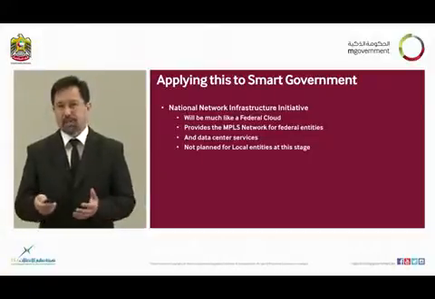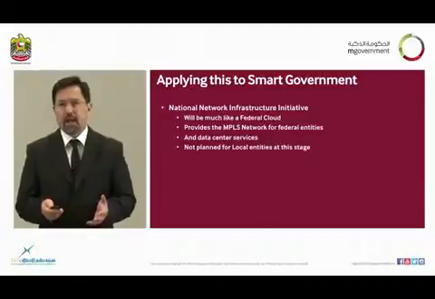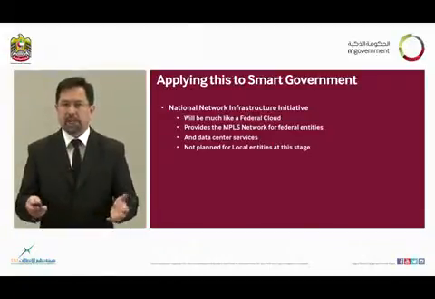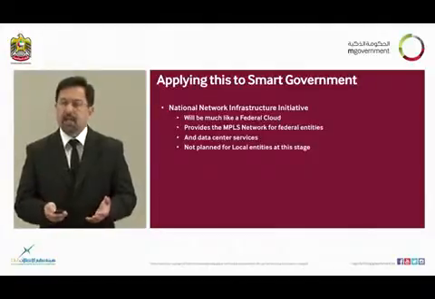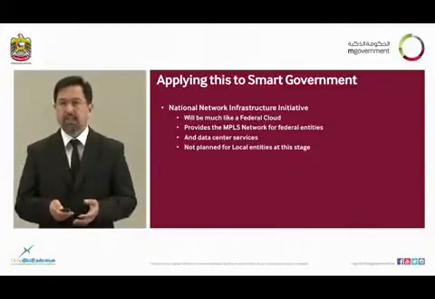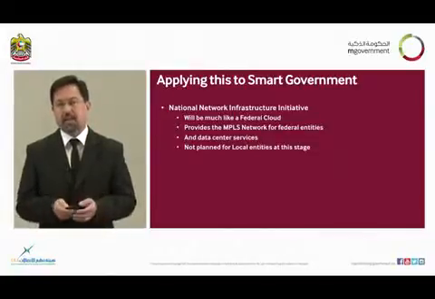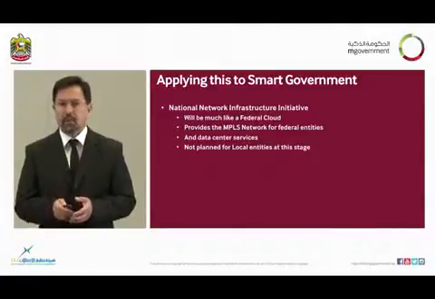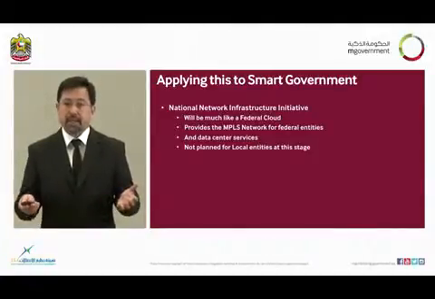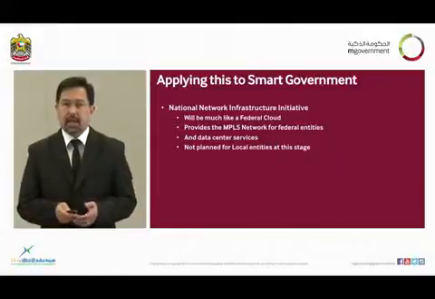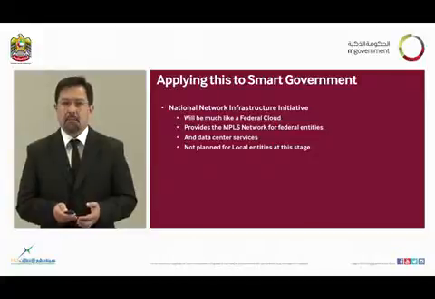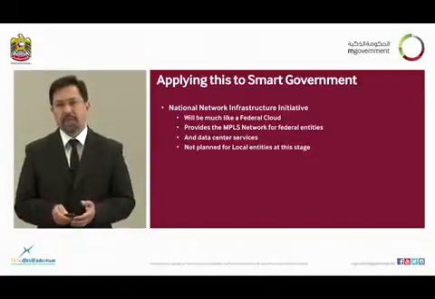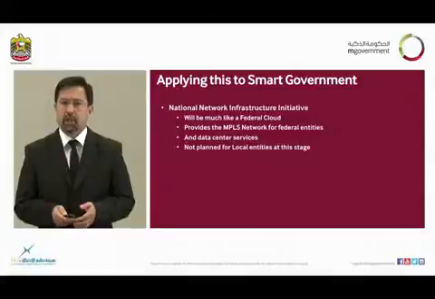So it has all the advantages of really owning your own, but in a shared model where the government as an entity overall is going to provide the physical facility, and you as an organization inside of the government can have ownership of the applications, the data, those kinds of things that you're responsible for inside of your own entity. So data centers, services, network connectivity between the federal entities, all of that is part of this smart government initiative called the National Network Infrastructure Initiative.